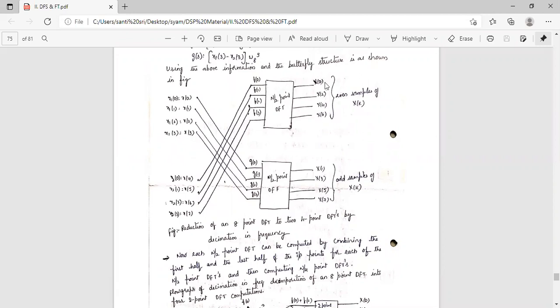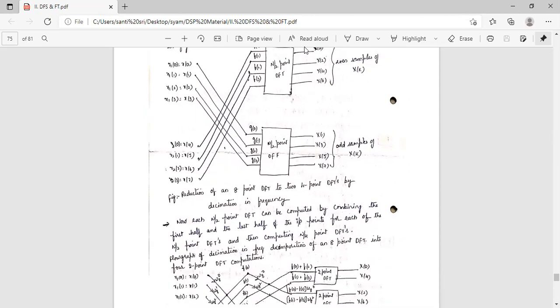Finally, we will get x of 0, x of 2, x of 4, x of 6, which are the even samples of x of k, whereas these are x of 1, x of 3, x of 5, x of 7, the odd samples of x of k. So this is the reduction of an 8-point DFT to two 4-point DFTs by decimation in frequency. That is the decimation in frequency, DIF FFT, right?